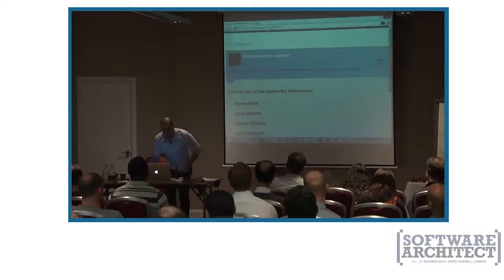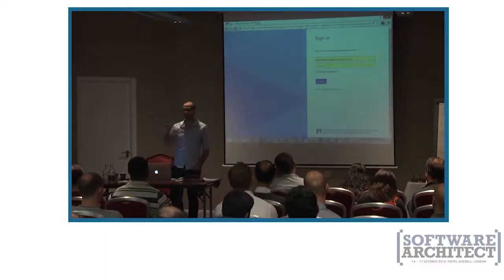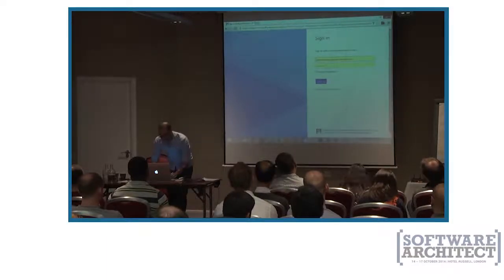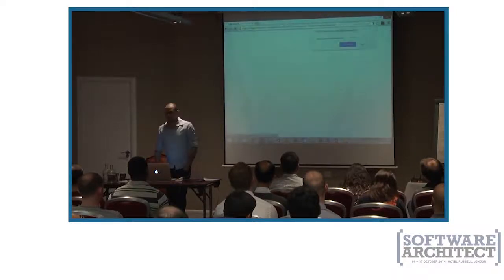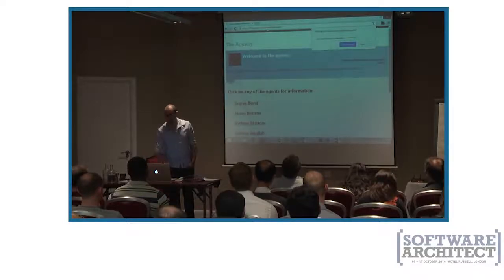So let me go to the agency, the original. And as you can see, the first thing that I get is a redirection to Azure Active Directory. I can enter my admin user here, Ido Flatow on Microsoft.com, and get redirected back to my application with my credentials, and it even says, hello, admin at Ido Flatow on Microsoft.com.